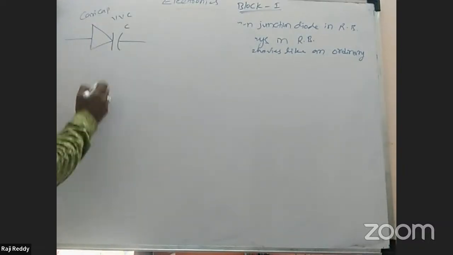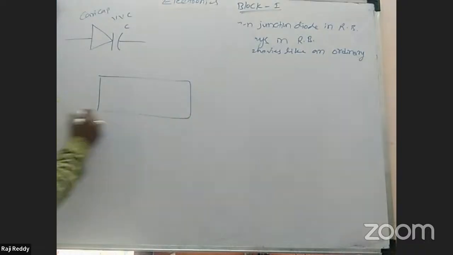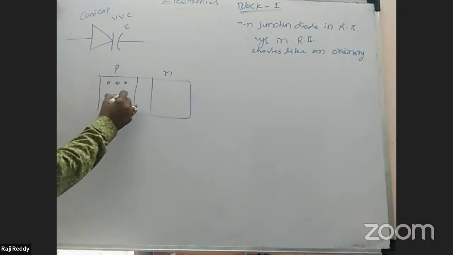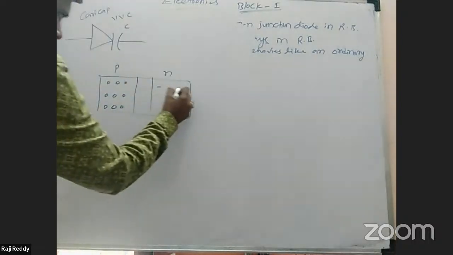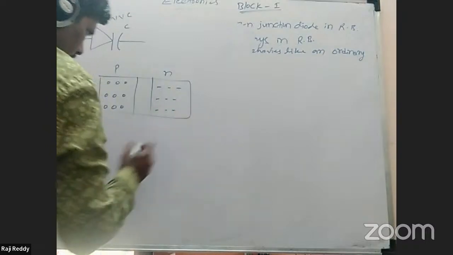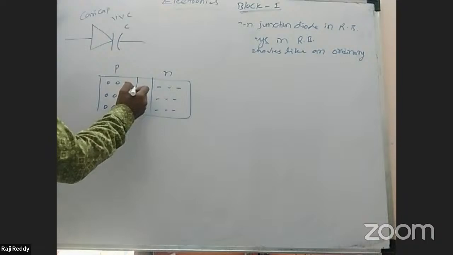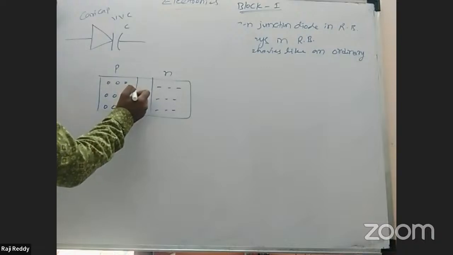This is nothing but the PN junction diode. This is the depletion layer, P region, N region. The P region contains positive charge carriers, the N region contains negative ions. And according to the sentence, there is a region of uncovered charge on either side.